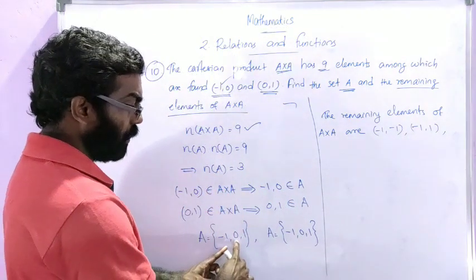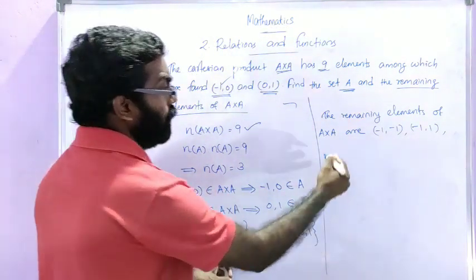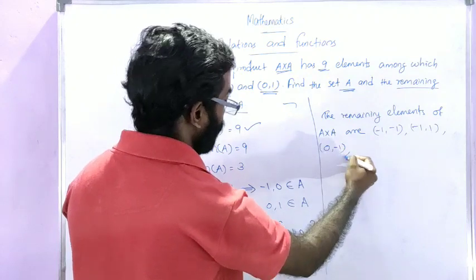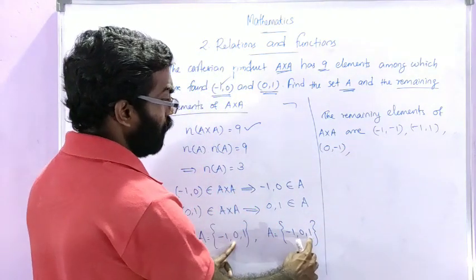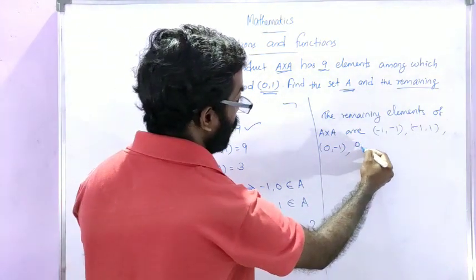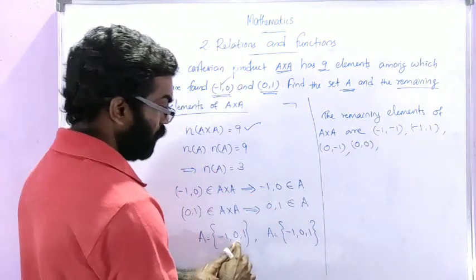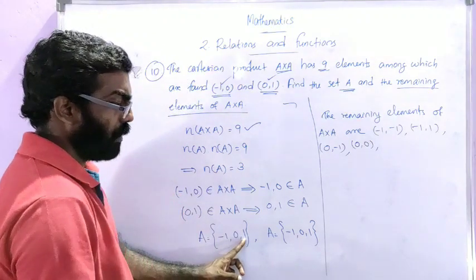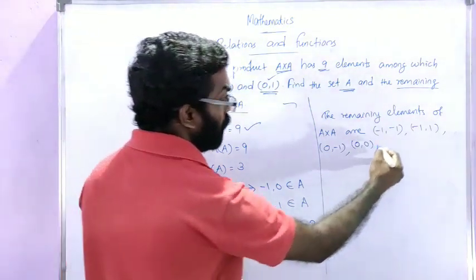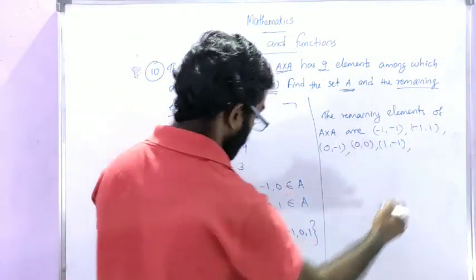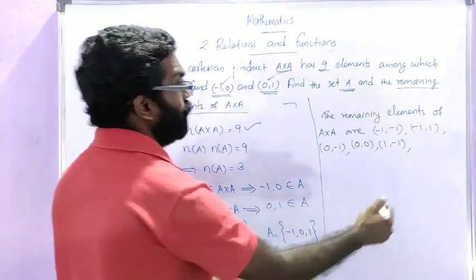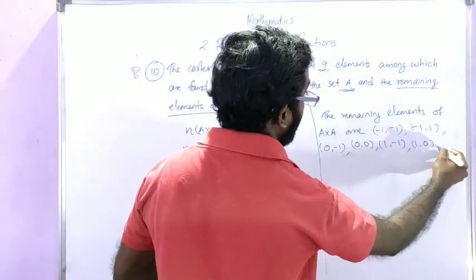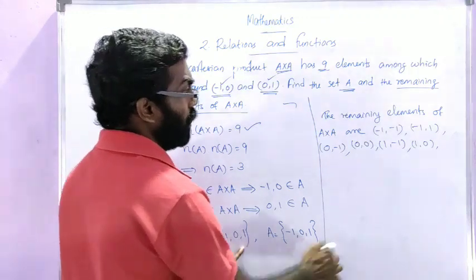Next we can start with the 0. (0, -1), (0, 0), (0, 1) it is given, leave it. Then start with 1: (1, -1), (1, 0), (1, 1).